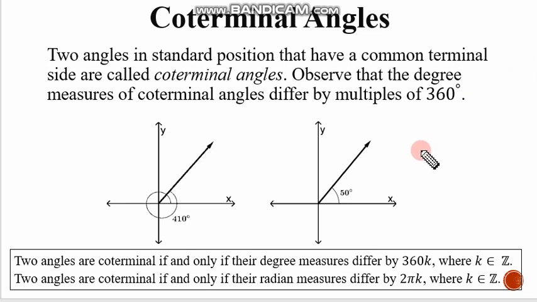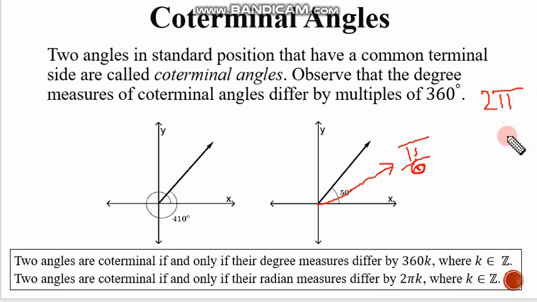For instance, let's say this is pi over 6. To determine coterminal angles in radian measure, we add or subtract 2 pi.